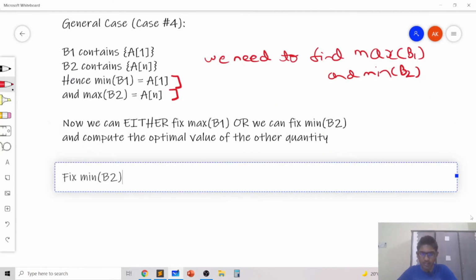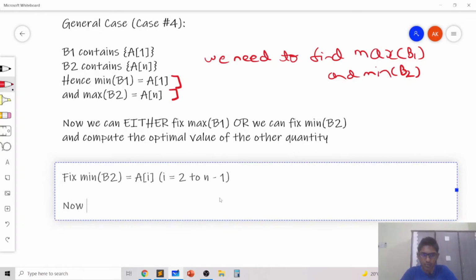So in my solution we'll be fixing min of B2. So let's say min of B2 is some ai, and we'll be iterating over all i going from 2 to n minus 1. Note that we already took care of the case when i is 1 or when i is n in the edge cases above, so make sure that you have understood them well, and that's why we can just iterate over all 2 to n minus 1 and claim that min of B2 is ai.